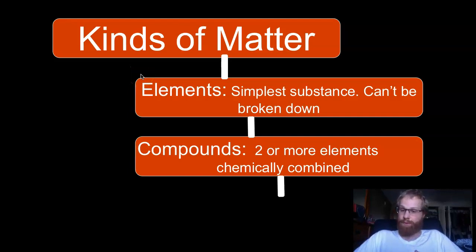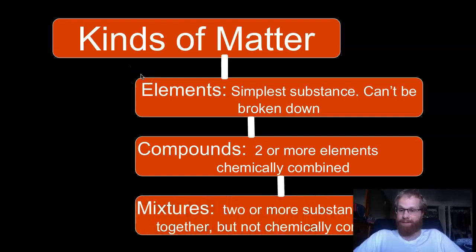Now, your screen is actually a mixture of a lot of different compounds. And that's another form of matter, a mixture. If we have elements and compounds that are mixed together, kind of like in a cell phone, right? All of these elements and compounds are mixed together. We have a mixture because the things that we mix together did not chemically combine.